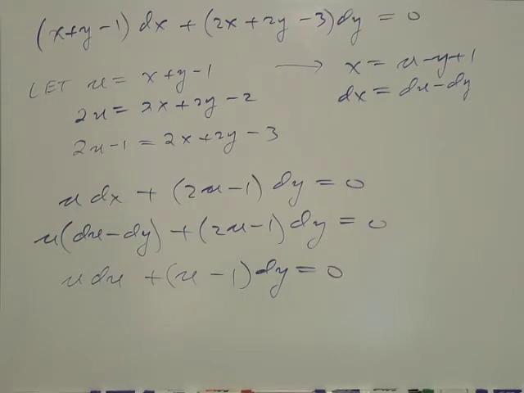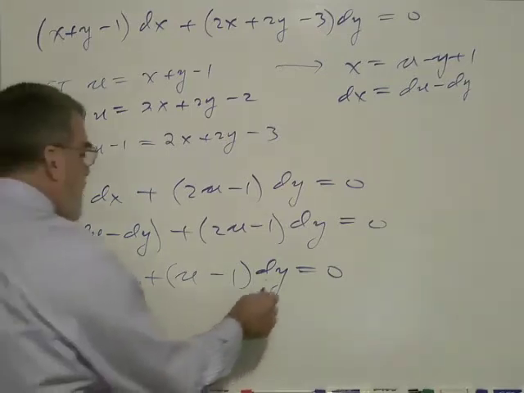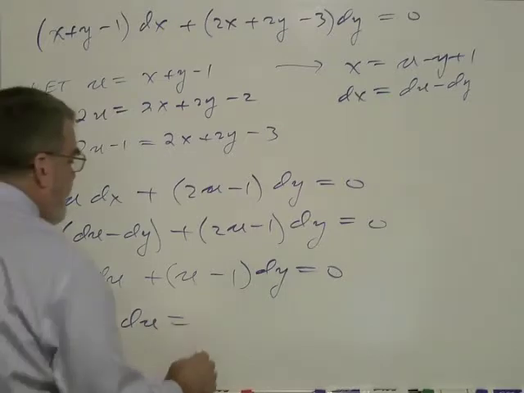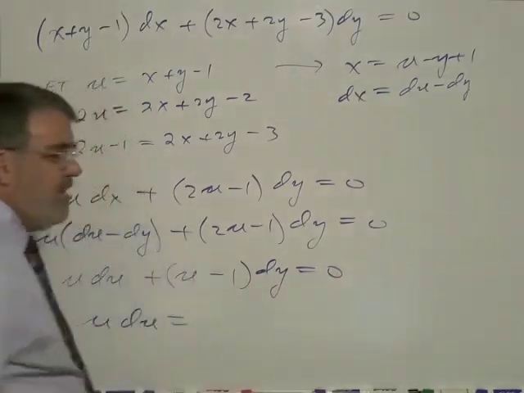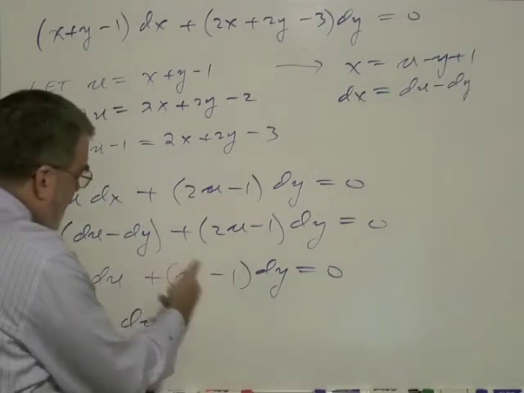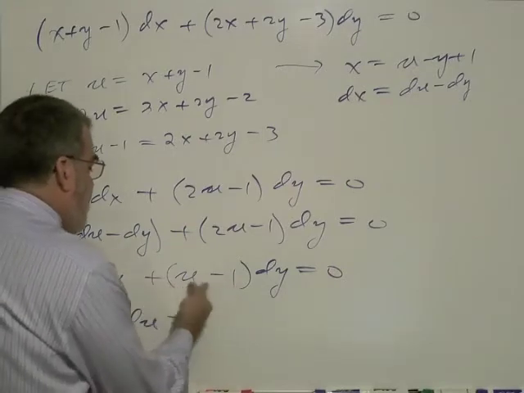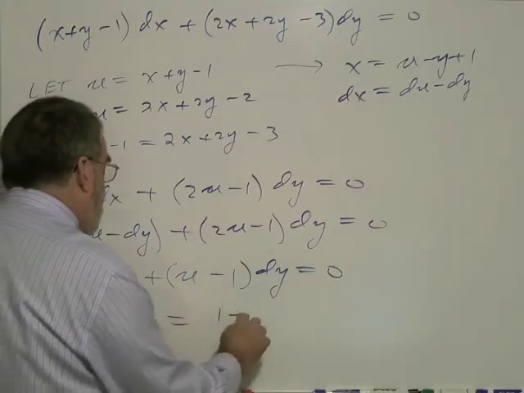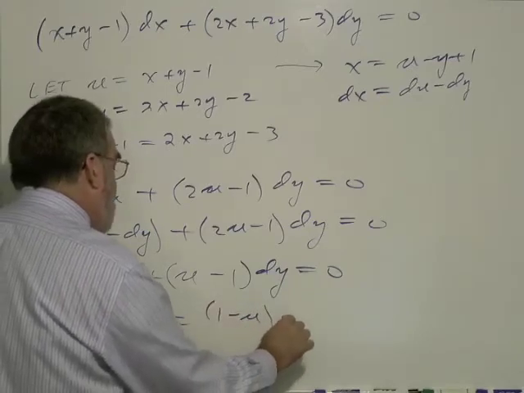Do we have a separable differential equation? Let's hope so. I'm going to bring this to the right side: u du equals, when I subtract it, it creates a negative sign. When I distribute the negative, it reverses these, so I have (1 - u) dy.